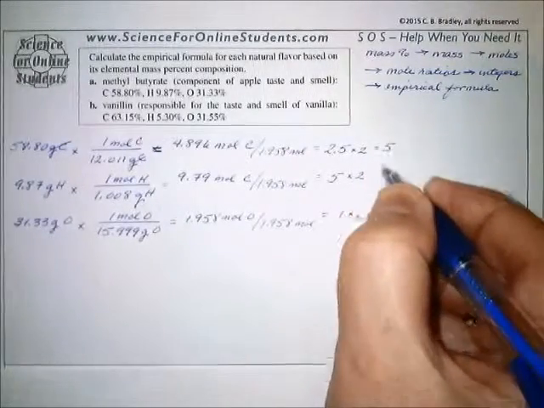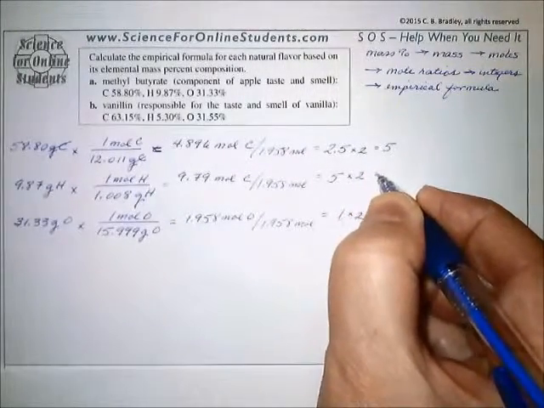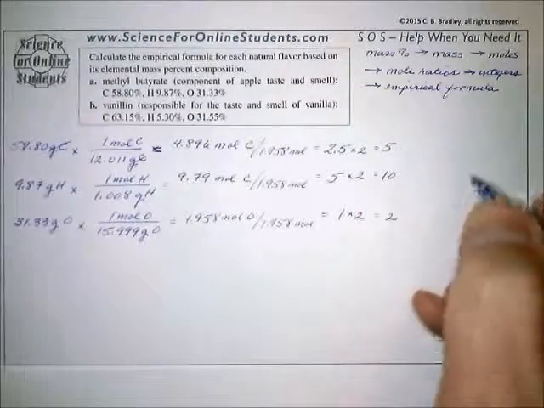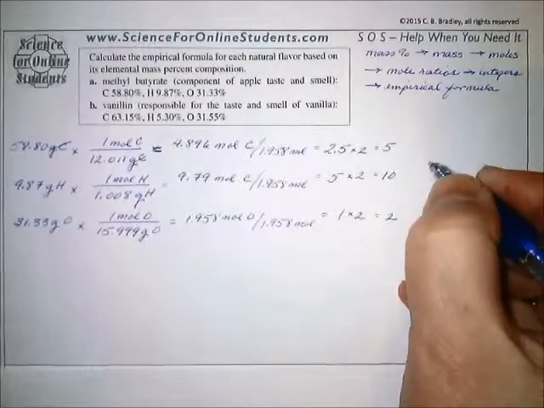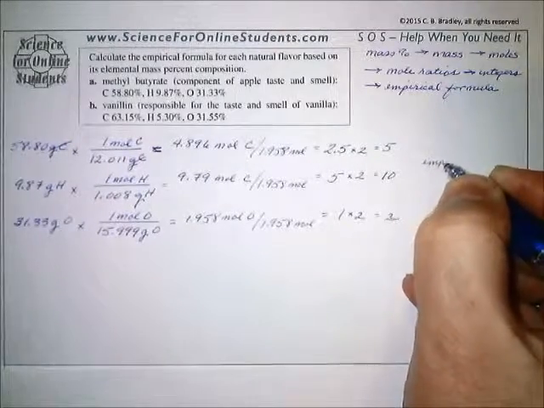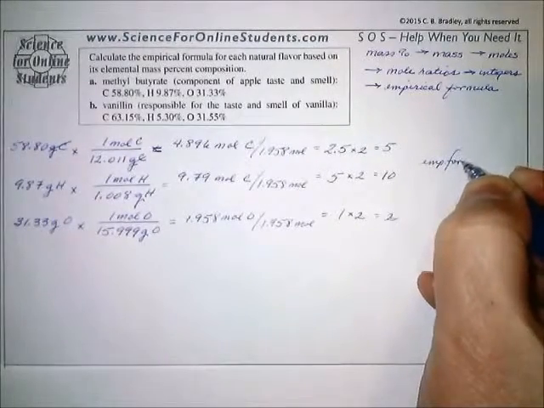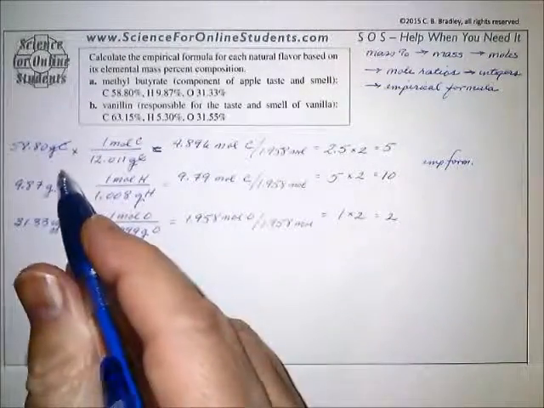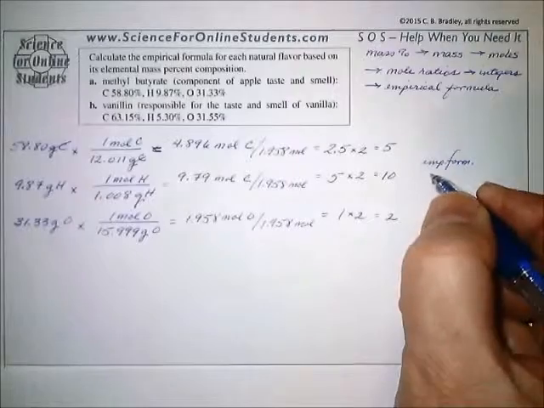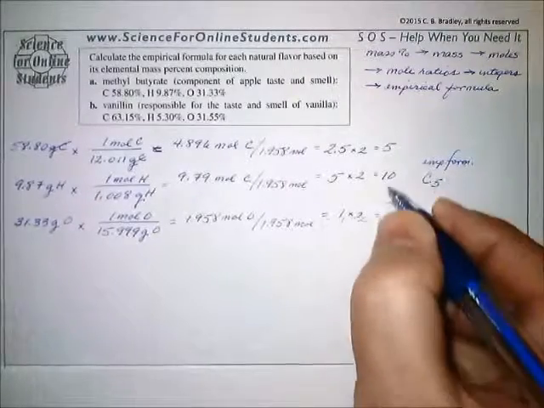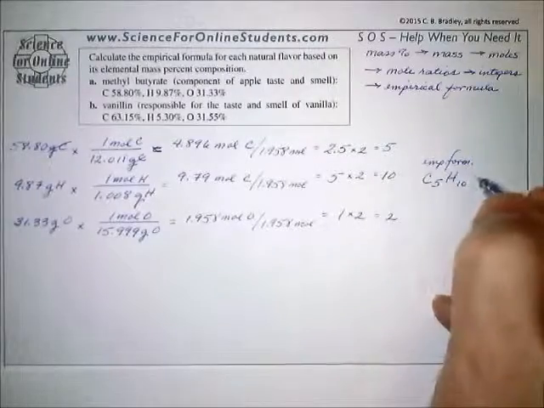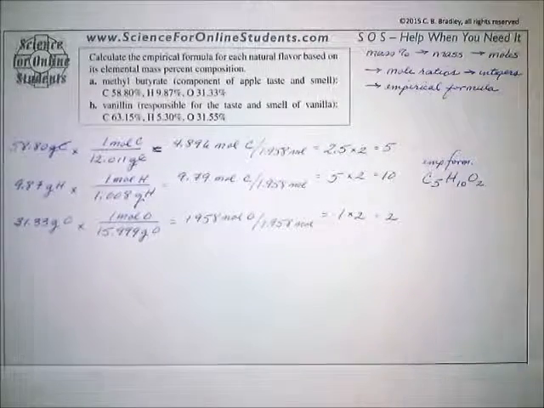So we have 5, we have 10, we have 2, and our empirical formula is C5H10O2. And that's the empirical formula.